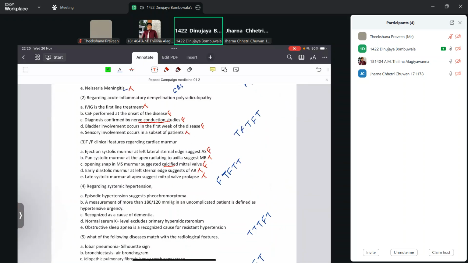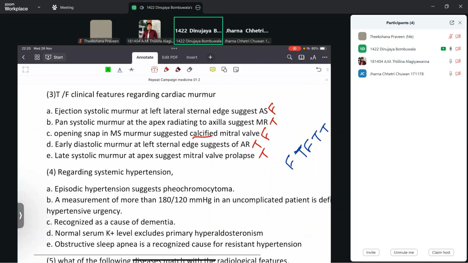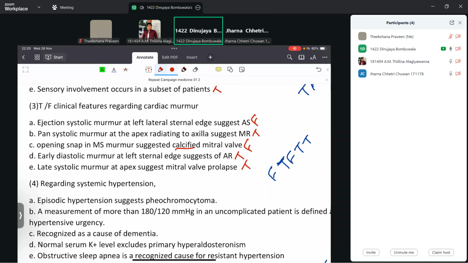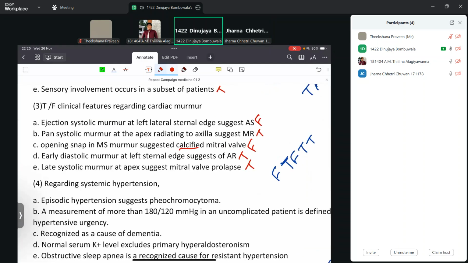Episodic hypertension suggests pheochromocytoma. Episodic, true. Measurement of more than 180 over 120 in an uncomplicated patient is defined as hypertensive urgency.